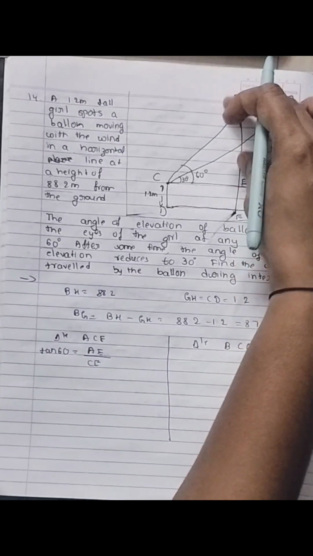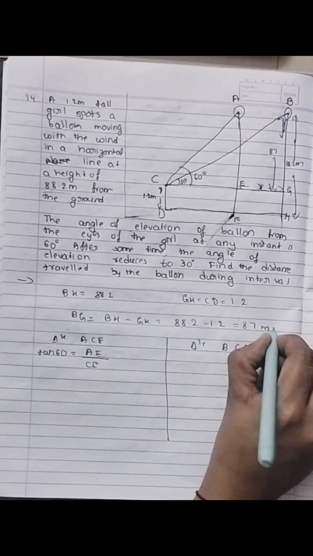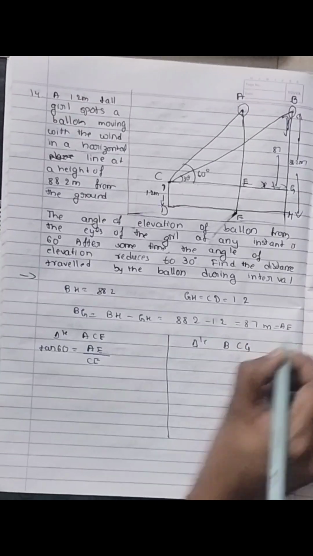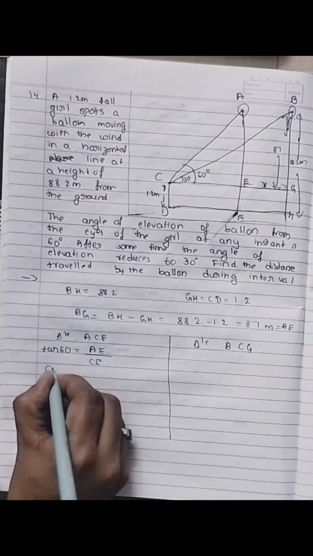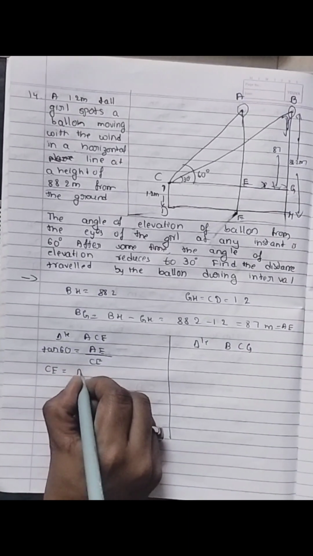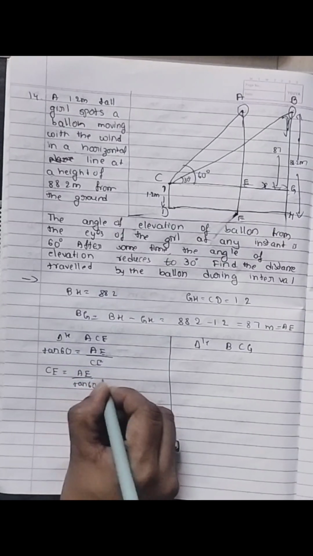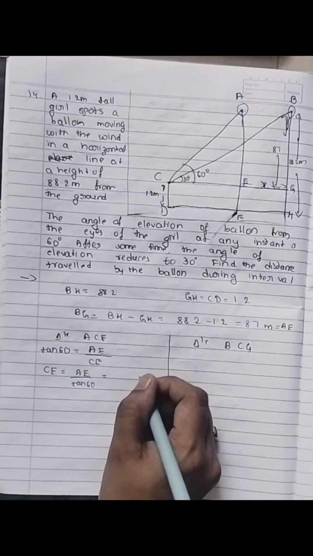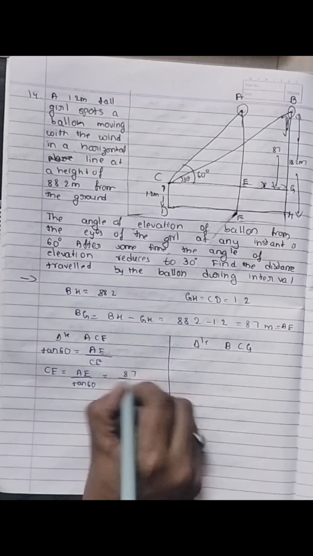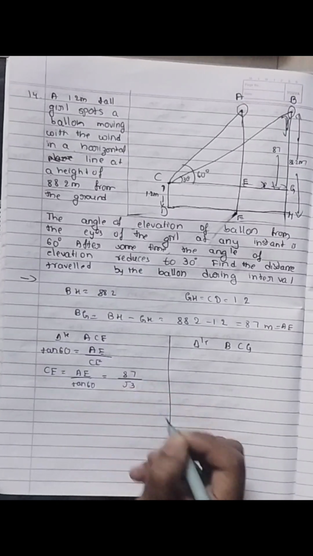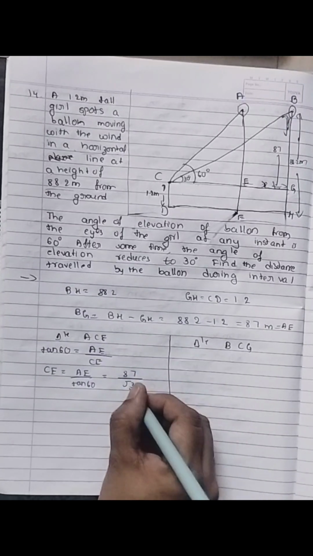The AE is equal to BG, right? So we have to find out CE. So CE is equal to AE divided by tan 60. What is AE? AE is 87. And tan 60 is root 3. So that is 87 by root 3.